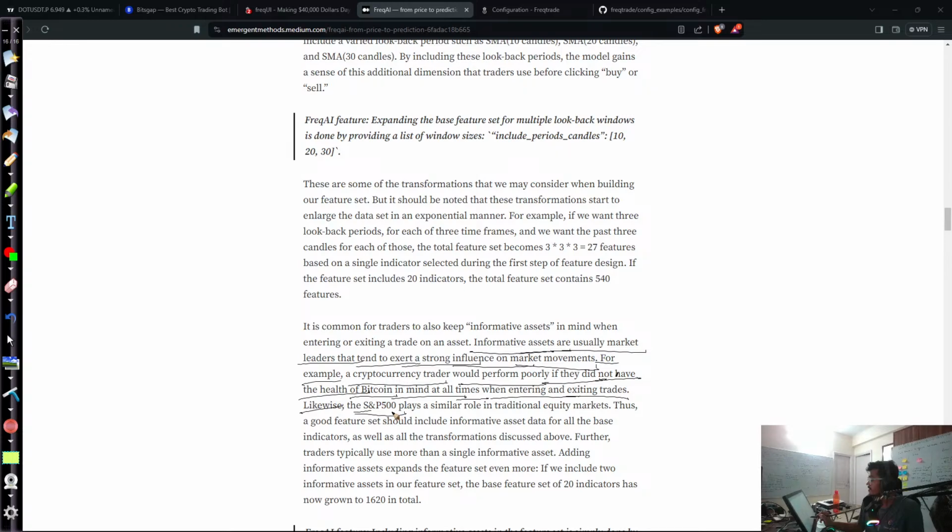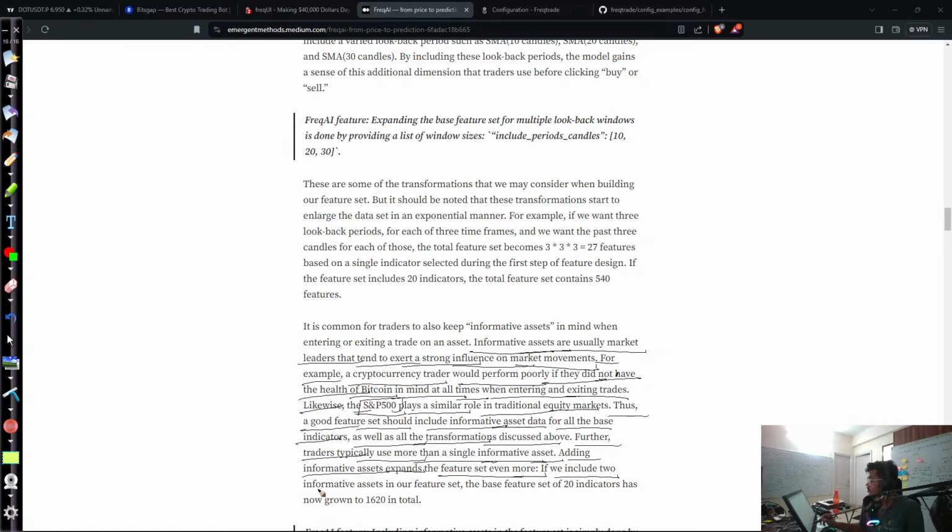Likewise, the S&P 500 plays a similar role in traditional equity markets. Thus, a good feature set should include informative asset data for all the base indicators, as well as all the transformations discussed above. Further, traders typically use more than a single informative asset. Adding informative assets expands the feature set even more.